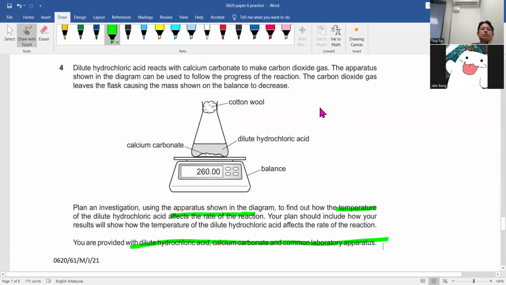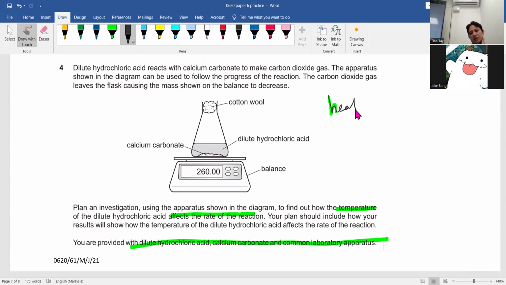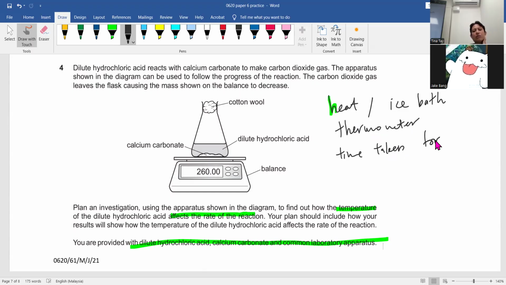Okay, how do you prepare the hydrochloric acid? You must heat it, or you can put it in an ice bath to reach a certain temperature. Okay, and you must mention you have a thermometer, and you must take the time taken for what?